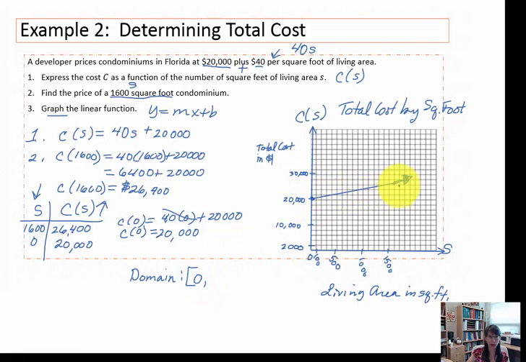And since we have an arrow going to the right, it's an unlimited amount of living area. That's infinity. With our range, that deals with the cost. So the lowest price would be at this y-intercept of $20,000. But notice, since this is a positive slope, the cost is rising as you go along the line. Again, into the arrow means going to infinity. So the cheapest condo is going to be $20,000 going to infinity.